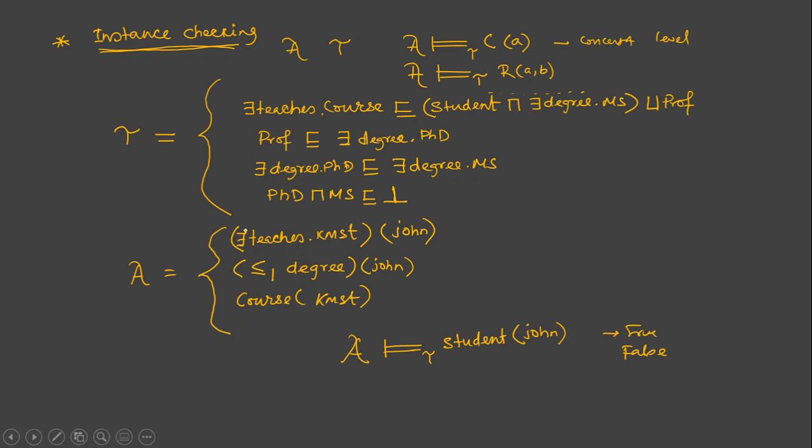So from this we need to prove whether this is true or not. And this is what we call the instance checking problem. So it is an example of the instance checking problem. So we will be solving this very problem while talking about the different problems related to description logic in the subsequent video lectures. So we are leaving you with just the problem description. We will be solving the problem later, right?